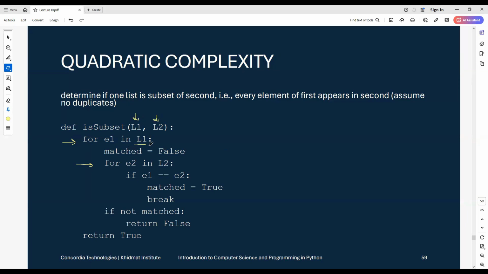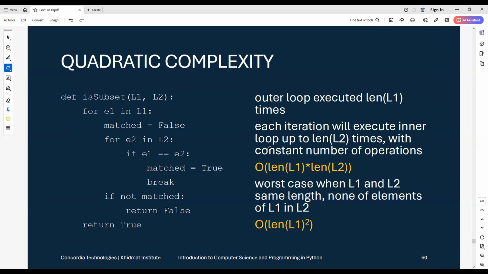The first one is dependent on L1, the second one is dependent on L2. No matter what we do, the complexity of this would be the size of L1 times the size of L2. So with that multiplicative rule that we looked at earlier, we can identify that this is quadratic complexity in terms of running time of this algorithm, because it has one for loop, and within that we have another for loop.